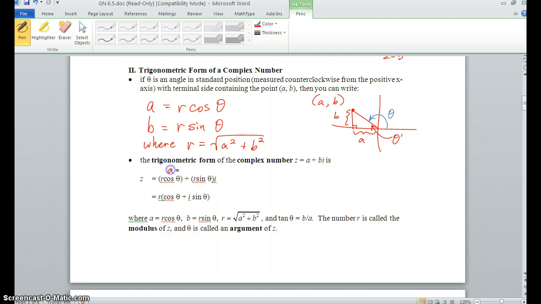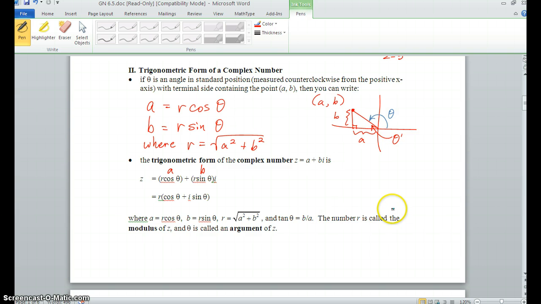This, of course, being a, this being b. Factoring out that common factor leaves us with this, where again a equals r cosine theta, b equals r sine theta, and r equals the square root of a squared plus b squared. And then we're going to talk about theta, where the tangent of theta is equal to b over a. Remember, guys, opposite over adjacent, same concept.